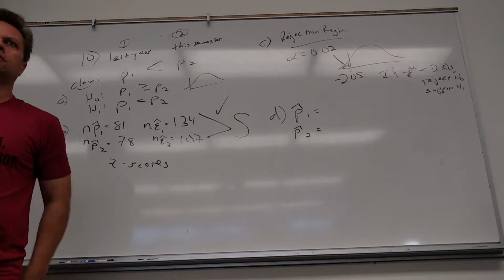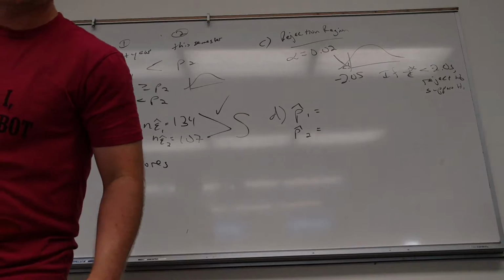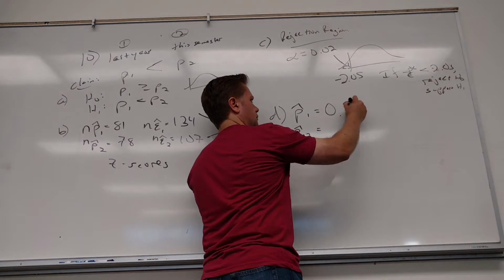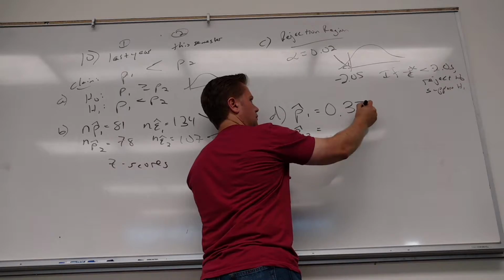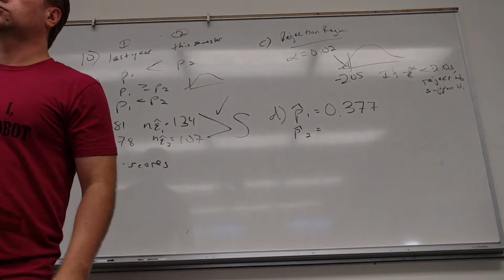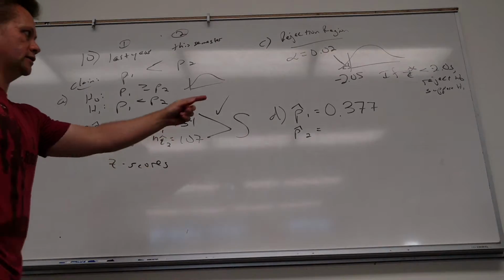What do you guys get? 0.3767. Cool. I like it. Round it to at most 3 places, maybe more than 3. That's fine, just like standard deviation.